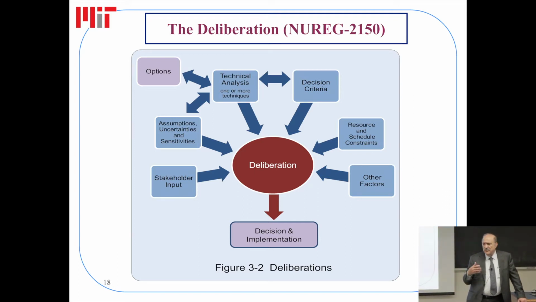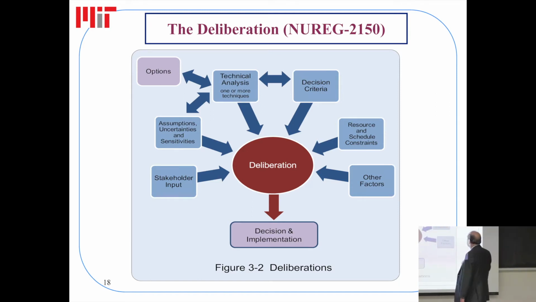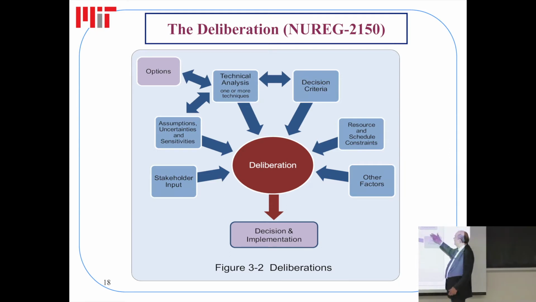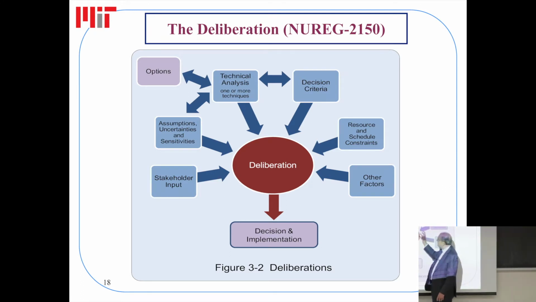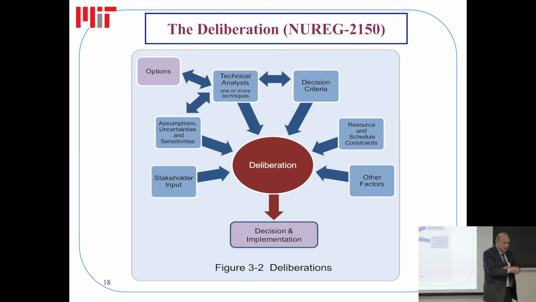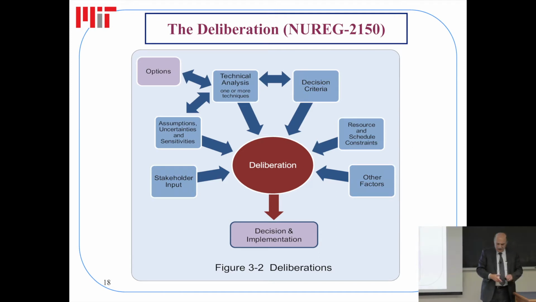And we have the Union of Concerned Scientists, for example, Greenpeace. So these are input to the management. What decision criteria are we going to use? In the PRA space, we have the quantitative health objectives and the core damage frequency and so on. Are there any schedule constraints and maybe other factors? So these guys take all of this, debate, deliberate, and make a decision. Okay? And this is real life.